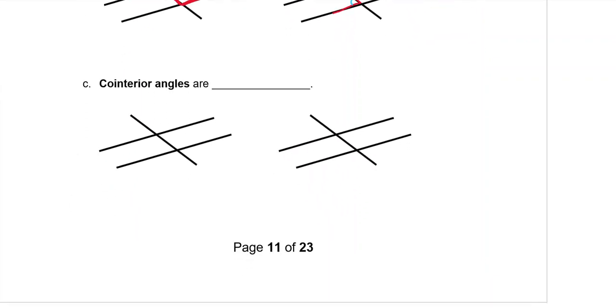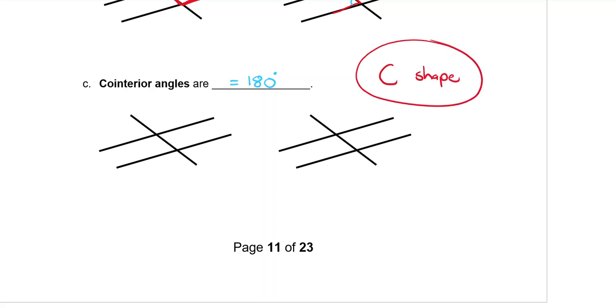The co-interior angles, this is my third and final type that we're going to learn about. The co-interior angles add to 180 degrees. Okay, they're not equal like the other ones are. This one's a little bit trickier to work out. These ones form a C shape.